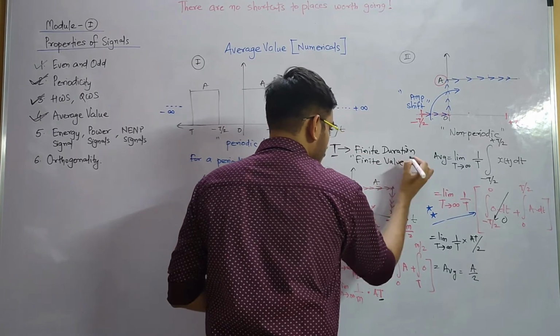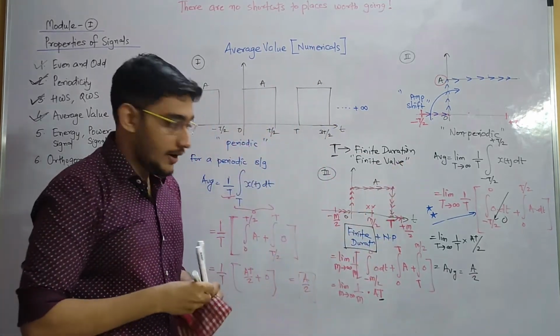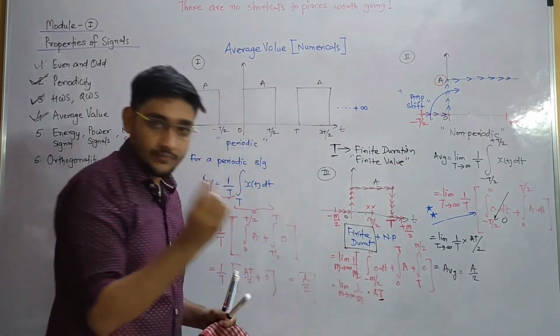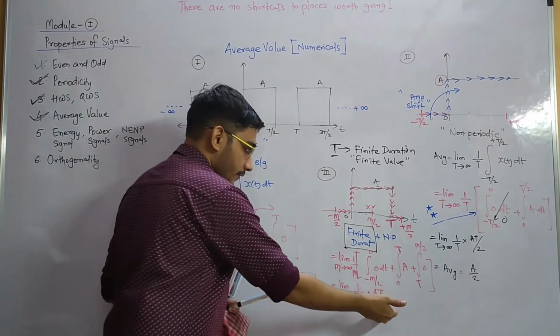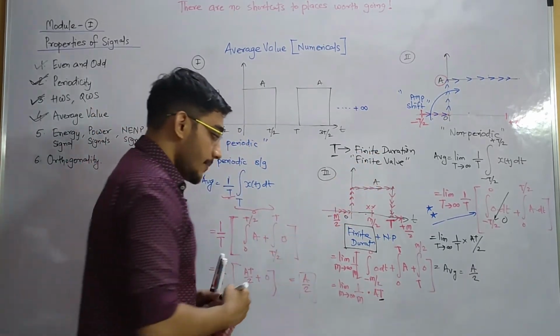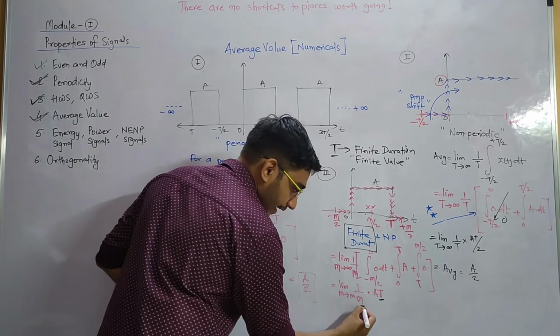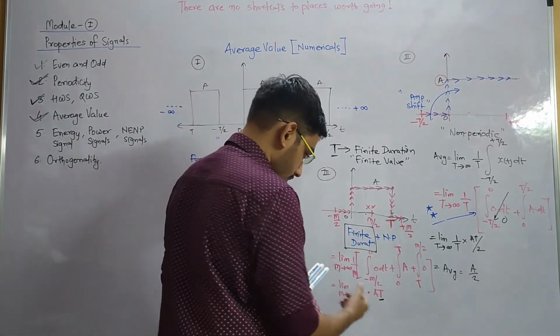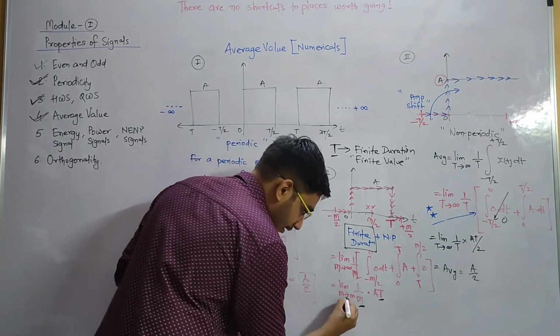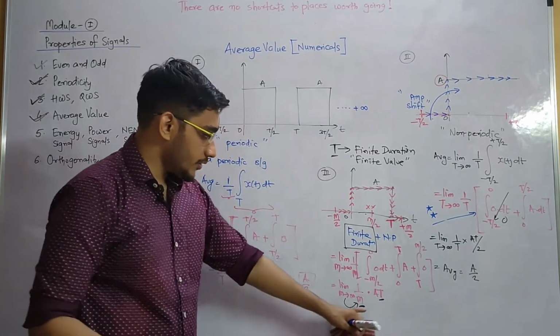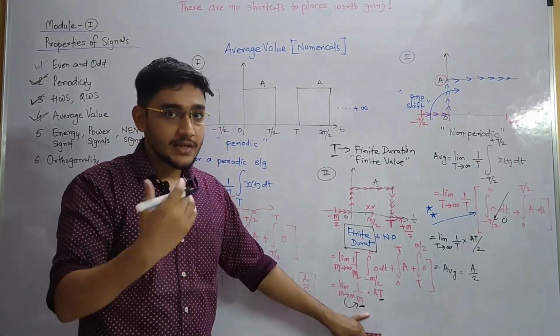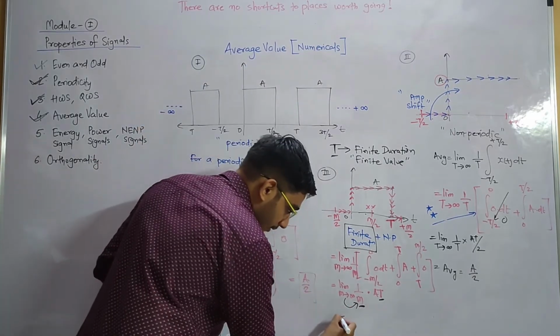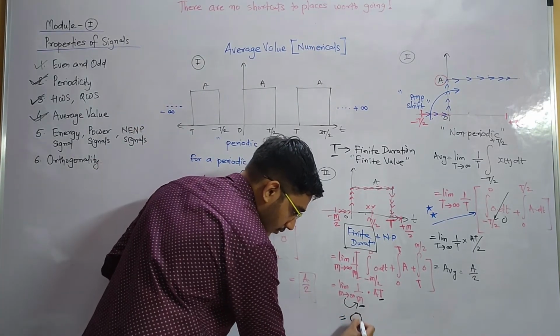So AT will be a finite value because amplitude will also be a finite value. But we know that M is tending to infinity. So if I put M equals infinity here, 1 by infinity is 0, so the average value comes out to be 0.